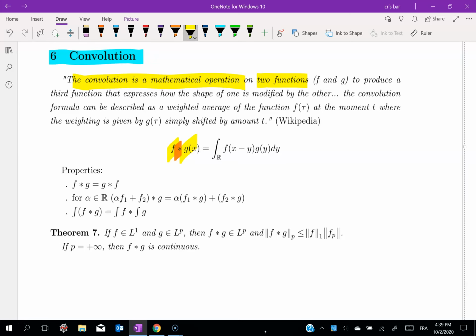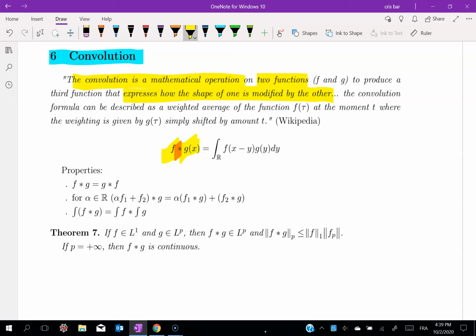That's the convolution notation. We make a third function, f convolved with g, a function that depends on x, and it expresses how the shape of one is modified by the other.